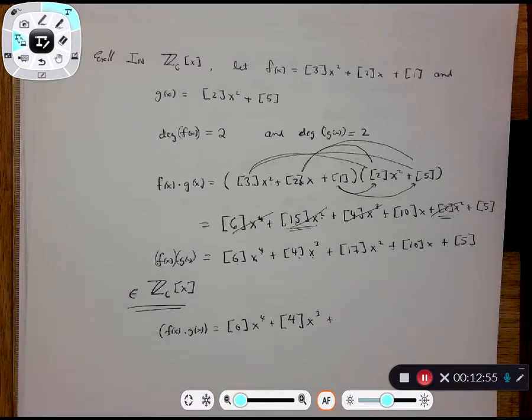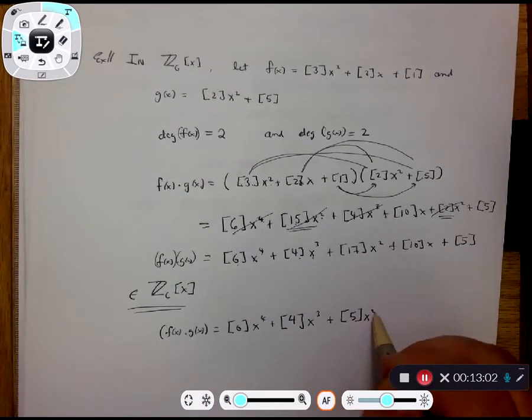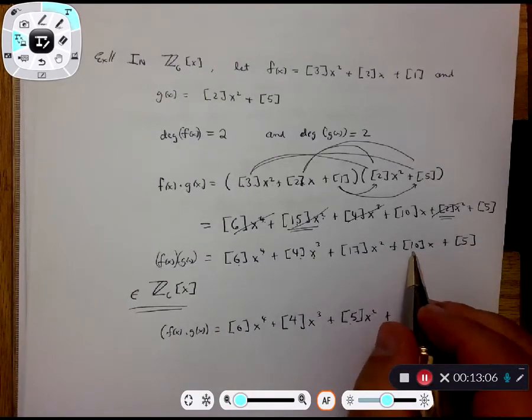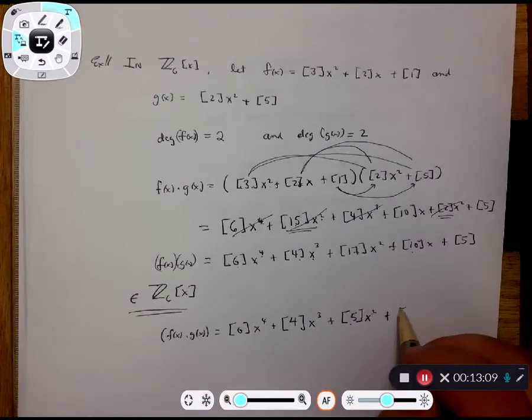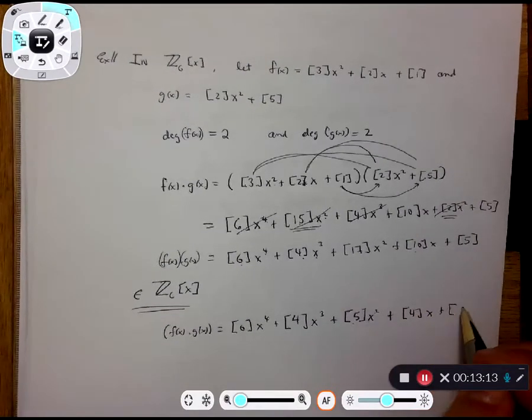It goes in there 2 times with a remainder of 5. So 17x squared is the same thing as 5x squared, plus 10 in Z6 converts back to 4x, and 5 is good.